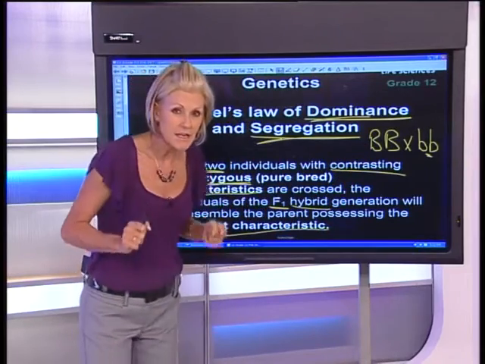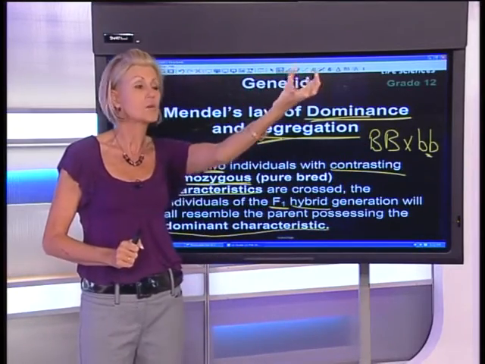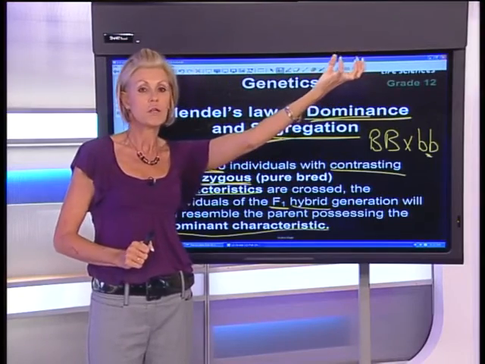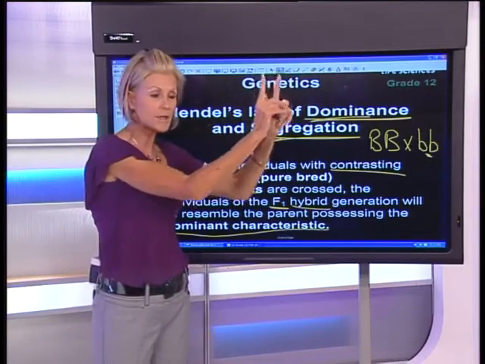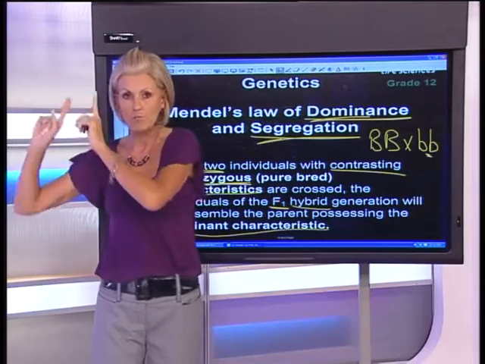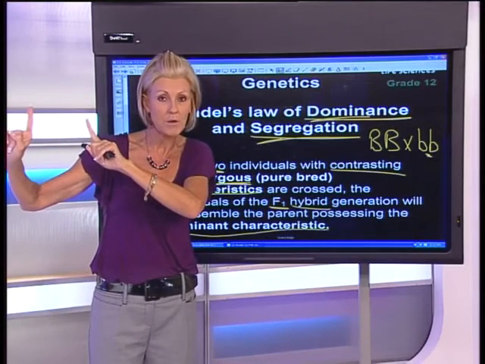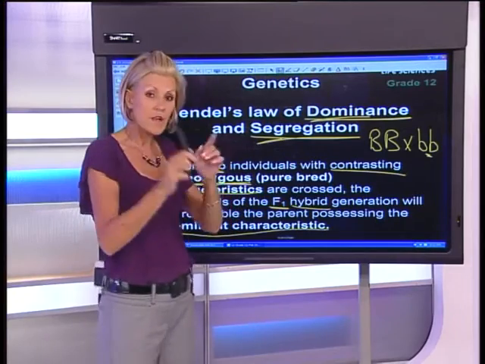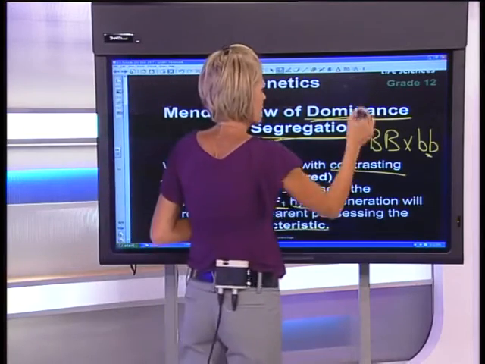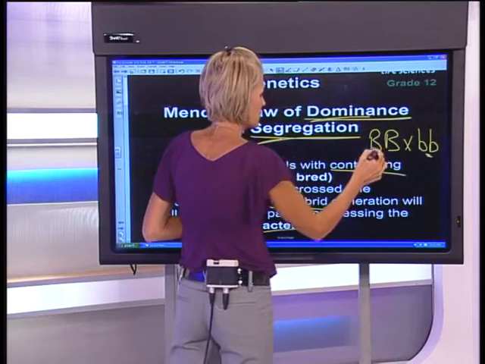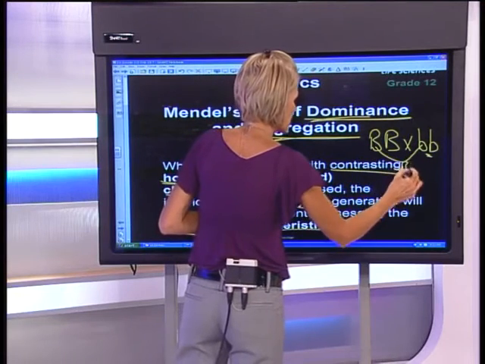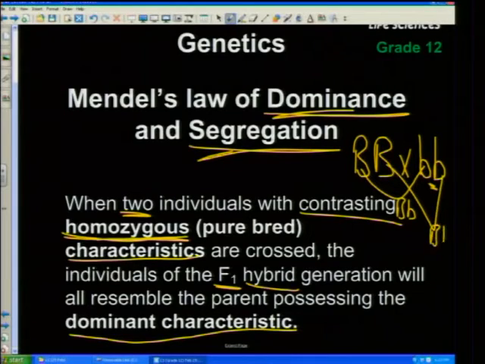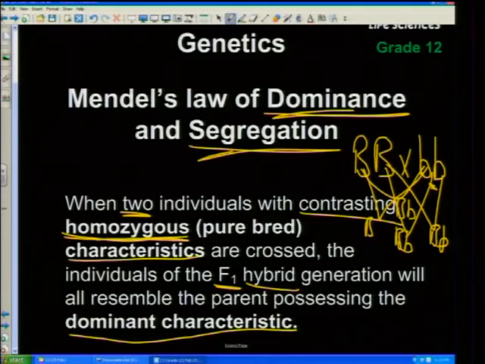So what it's saying is, if I've got a homozygous parent that has the 2 dominant, because remember it's homozygous, so both alleles are dominant, and both alleles are recessive for the other parent, because they're homozygous. And I cross them. This was our first cross that we did. If we take capital B, what have I got? I've got capital and small, and capital and small, and capital and small, and capital and small.